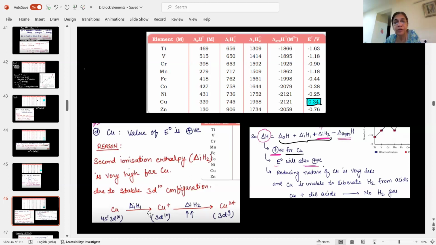Because from Cu2+ it is changing from 3d10 to 3d9, so you have to give a lot of energy. And so delta H is the sum of these minus hydration energy, and this is positive. So E will also become positive. So the reducing nature of copper is very less. It is unable to liberate hydrogen from acids.